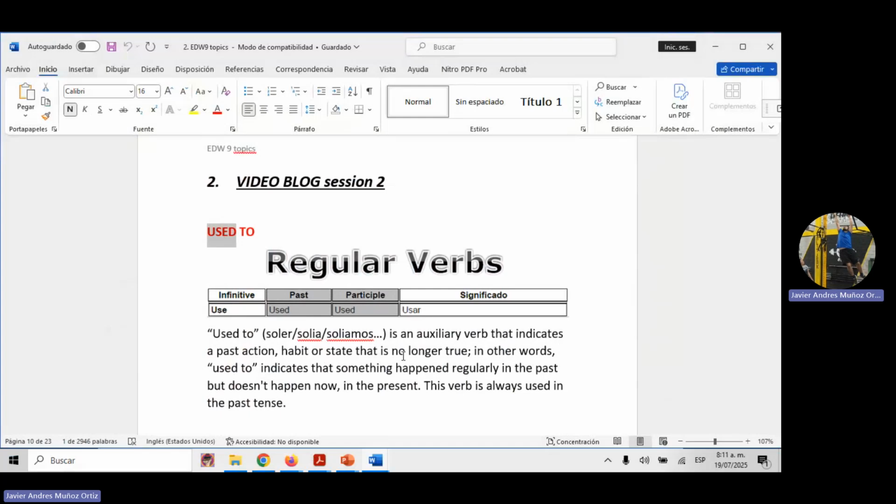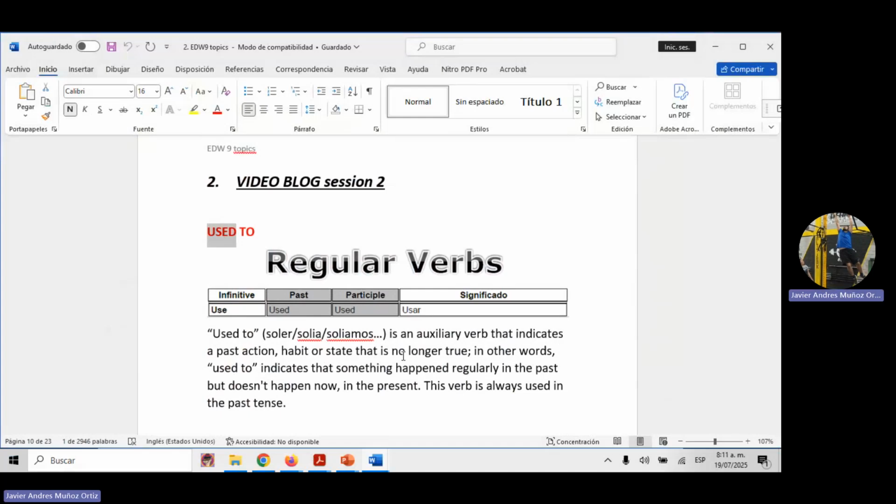So we use used to indicate that something happened regularly in the past in a repetitive form, but today these actions, these activities, these states, these situations, these habits are not true anymore. They don't happen today anymore.